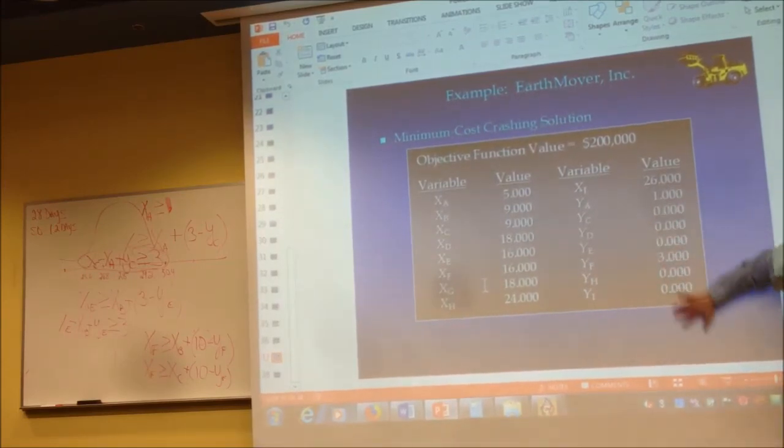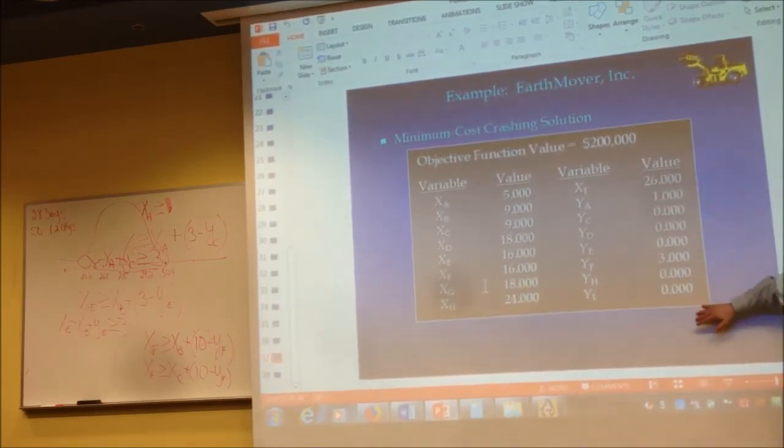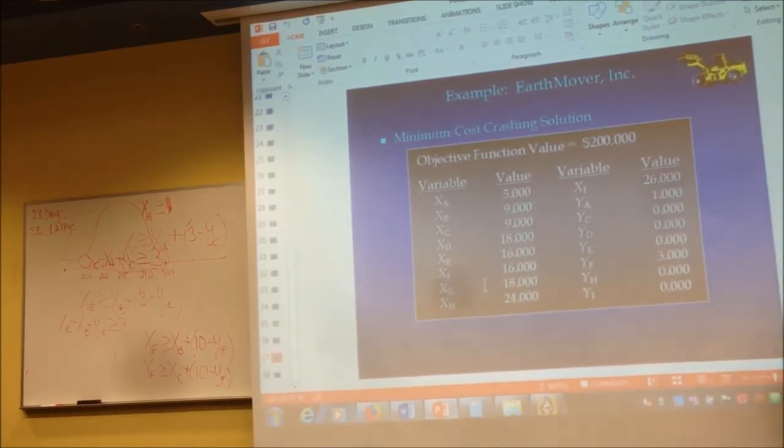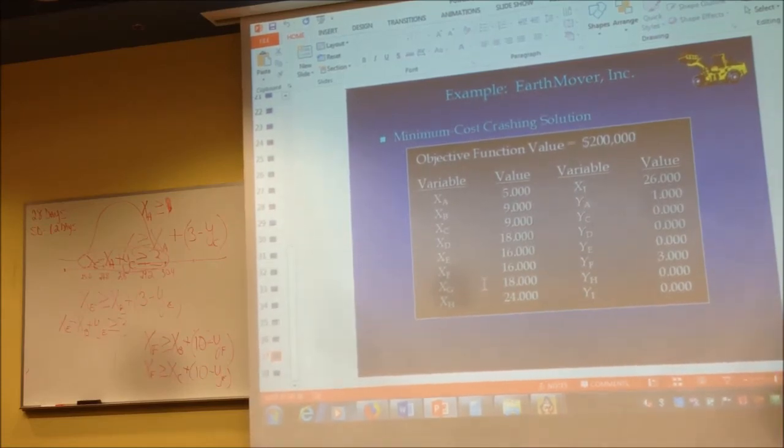These are where you want to look to figure out which activities. If you go back and look at F and the cost, multiply it times 3.